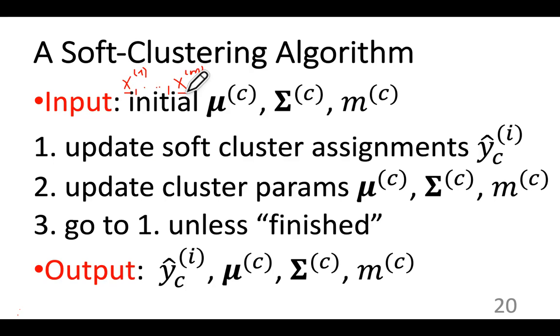So we only take the feature vectors as the input, and we also need as input the initial guesses or educated guesses, as one of you called it, for the cluster means, the cluster covariance matrix, and the effective size of the clusters. Then we start iterating. First, compute a new guess for the soft cluster assignments or degrees of belonging. Using these new degrees of belonging, we update the cluster parameters and so on and so forth.